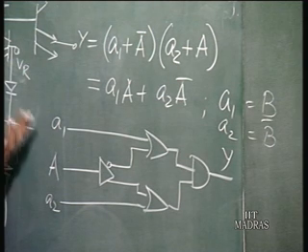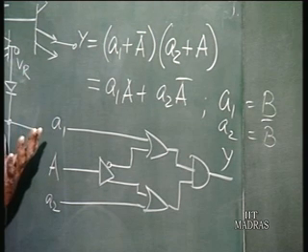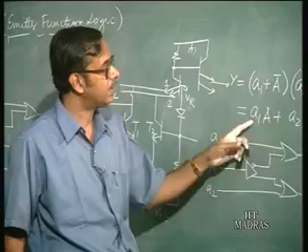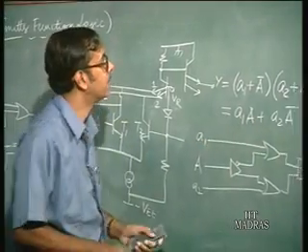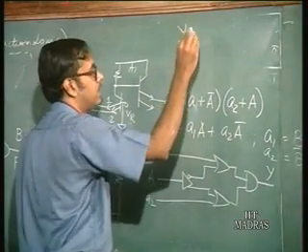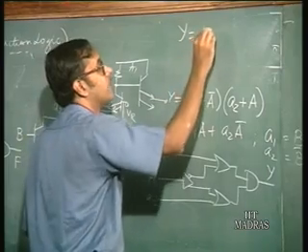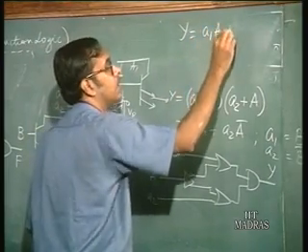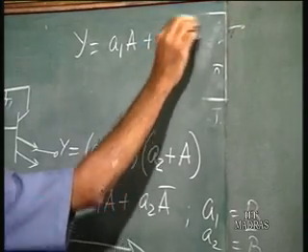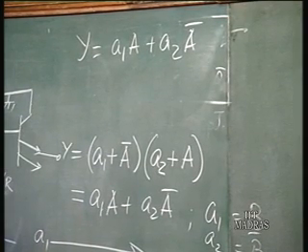Now, you can also have a D flip flop. If you look at this again, Y is equal to, this is the original function which you have. If you look at this function.